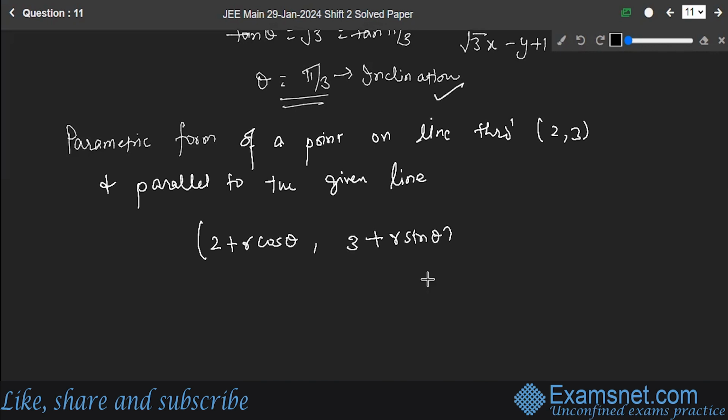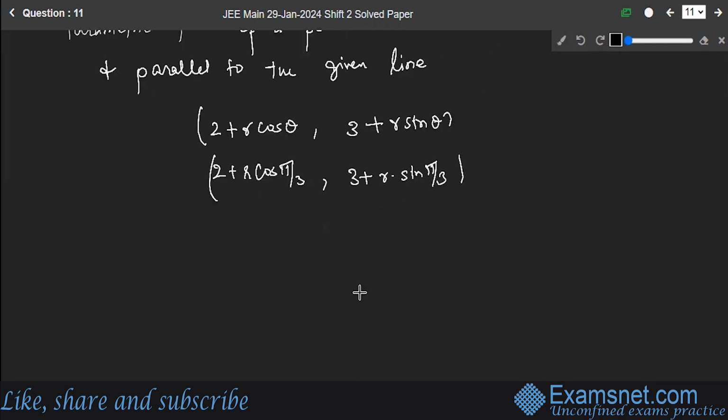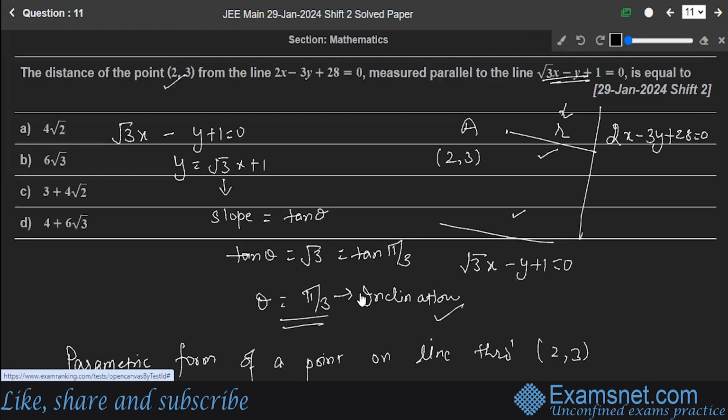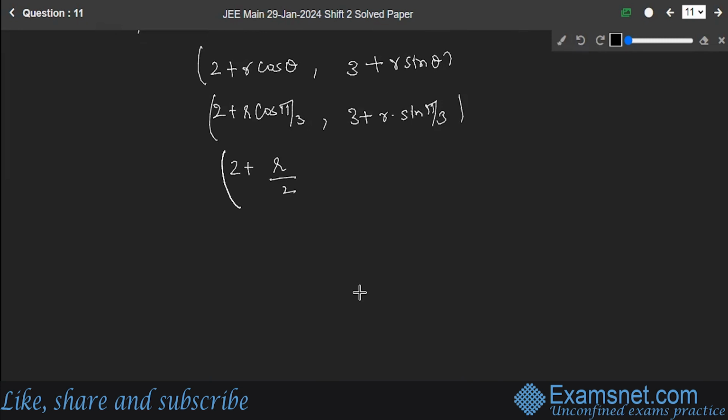Since they are parallel, the inclination is the same. This will be 2 plus r cos pi by 3, 3 plus r sin pi by 3. So this is 2 plus r by 2 and 3 plus root 3 by 2 into r. So this is the parametric form.